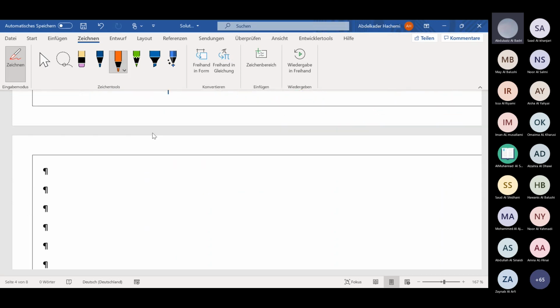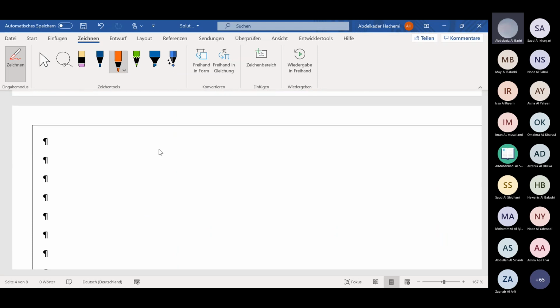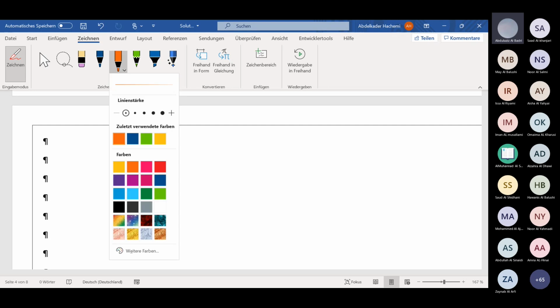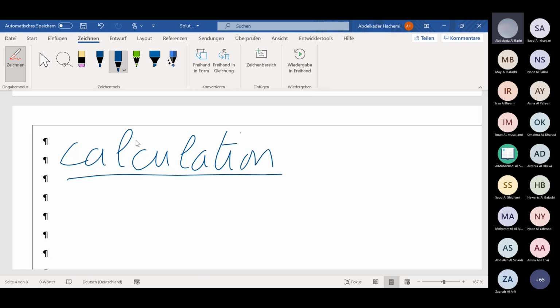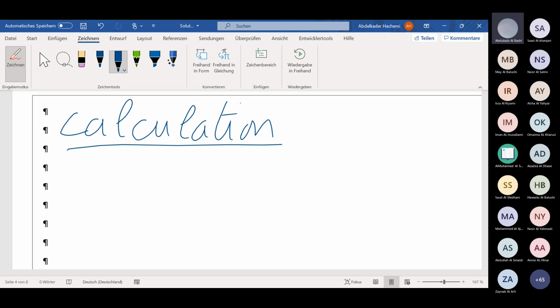Now coming to the calculation. Here we have omega, it's not given. VB, it's not given. VC, it's not given. Then we do it by calculation. For example, we have here R, the position vector RA.